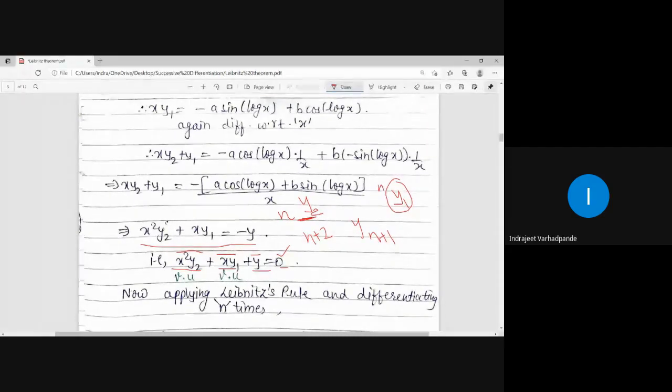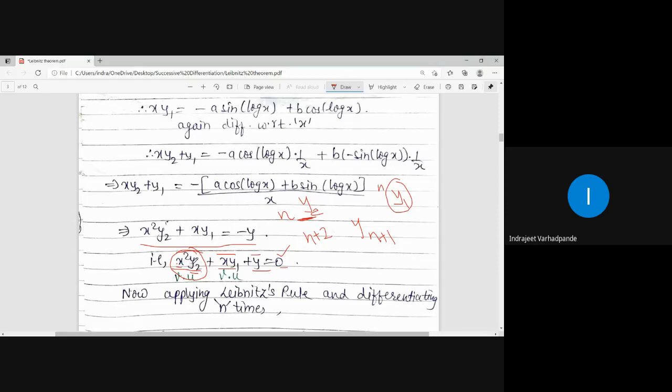So accordingly, I will consider x squared and y2. Here you will be applying the Leibniz theorem separately, because this is the product of two functions. x itself contains the variable x. y2 is nothing but the second order derivative, and the second order derivative ultimately contains terms of x.